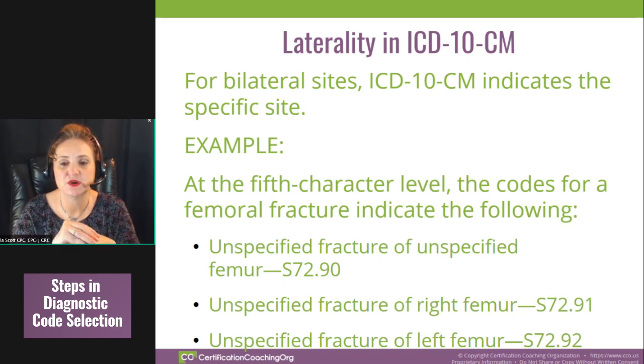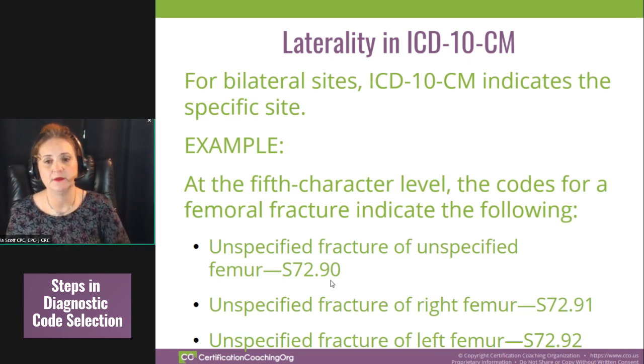Not always. So now we know just by glancing at that, an S code is a trauma code, some type of injury. 72 is a femur, that we fractured the femur. 9 is unspecified. We don't know what type of fracture it is, and by that next character, we can tell which femur was broken. Is it the right or left or unspecified? We don't know.